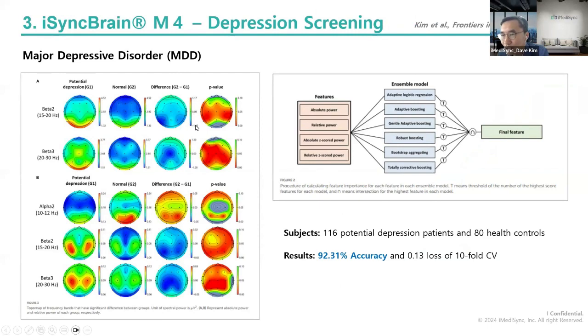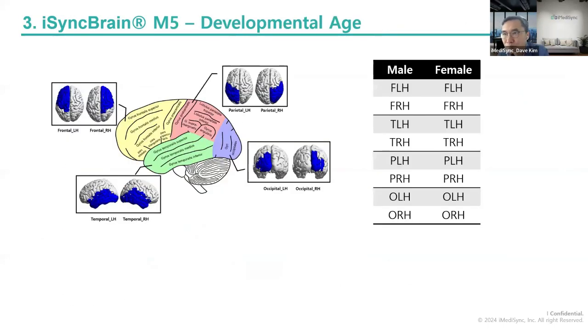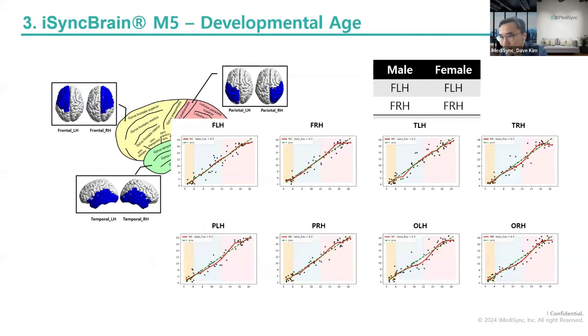At the moment, we only service M1. M2, 3, 4 will be integrated one by one after we finish the clinical study. And recently, we integrated the developmental age biomarker in our report system. M5 is already in service.